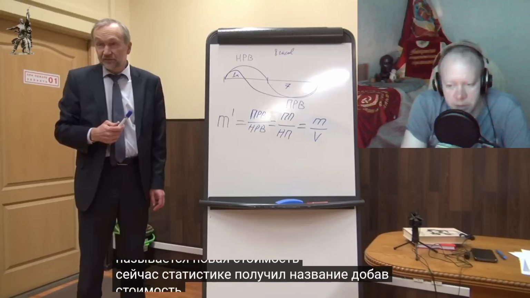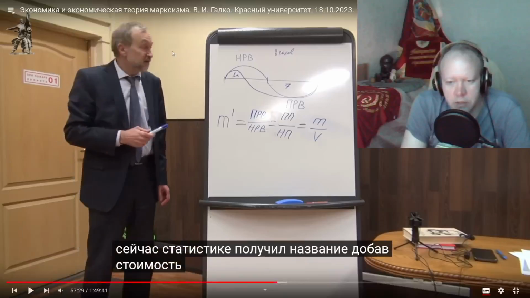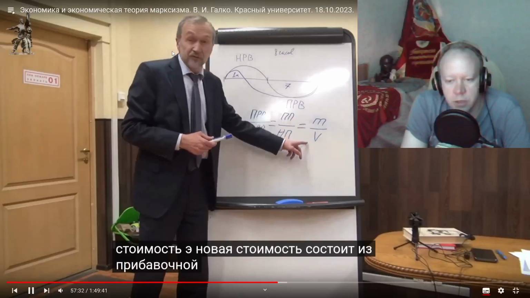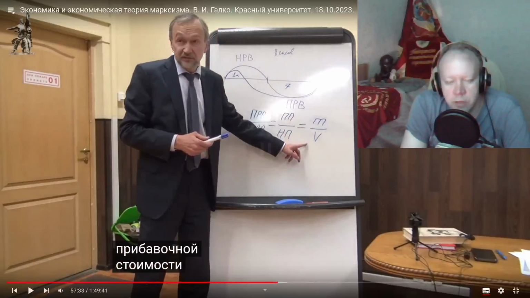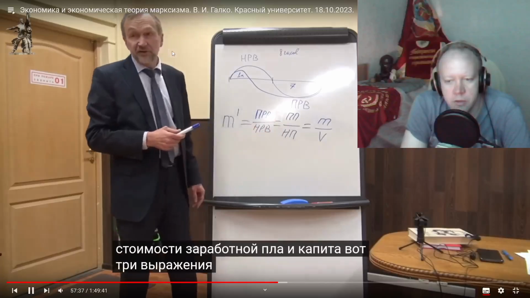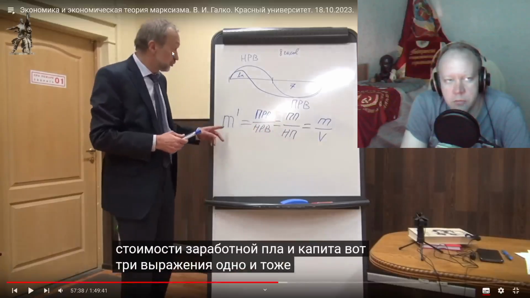According to statistics, it received a name added value or surplus value. So this new value consists of surplus value and wages, or wage capital. So these are three expressions of the same thing.